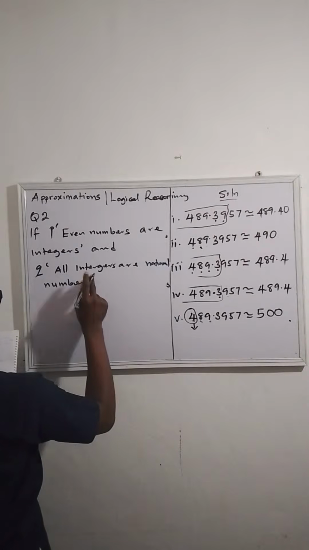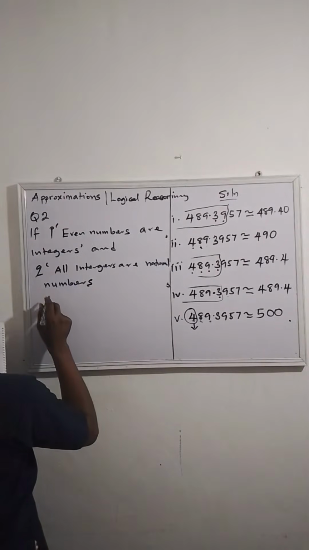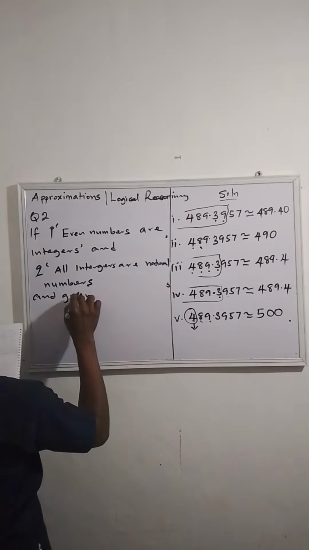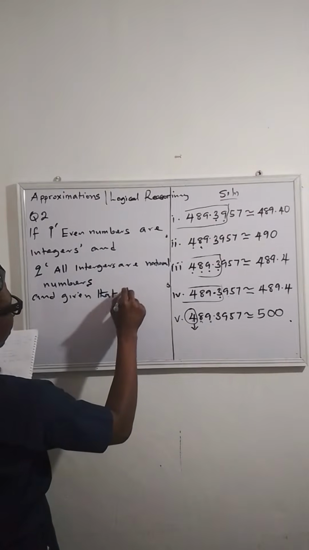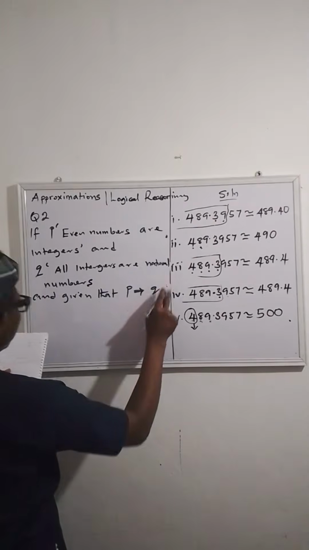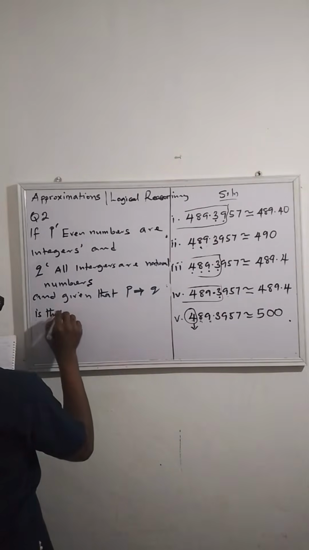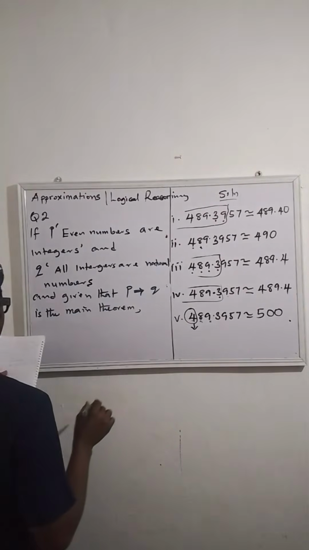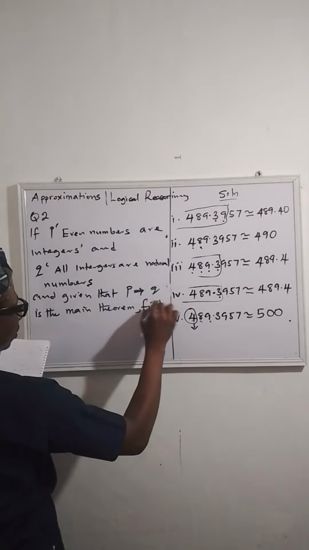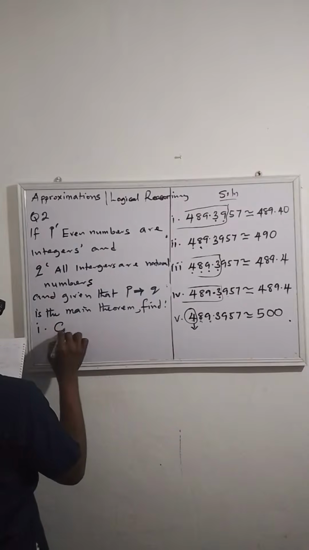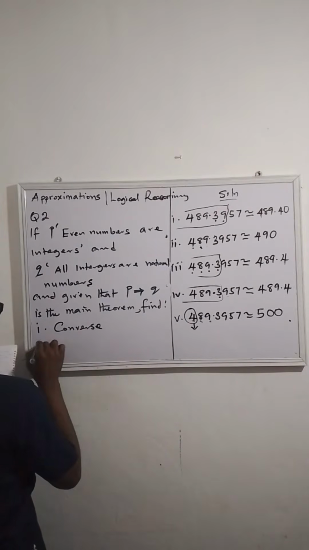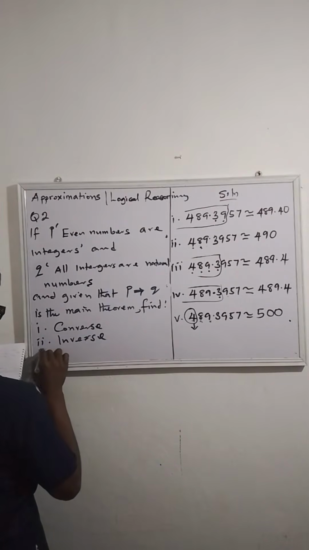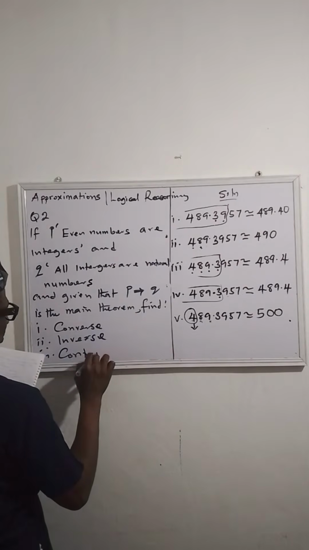Okay, so now the question asks, and given that P implies Q is the main theorem, find Roman numeral 1 converse, 2 inverse, and 3 contrapositive.